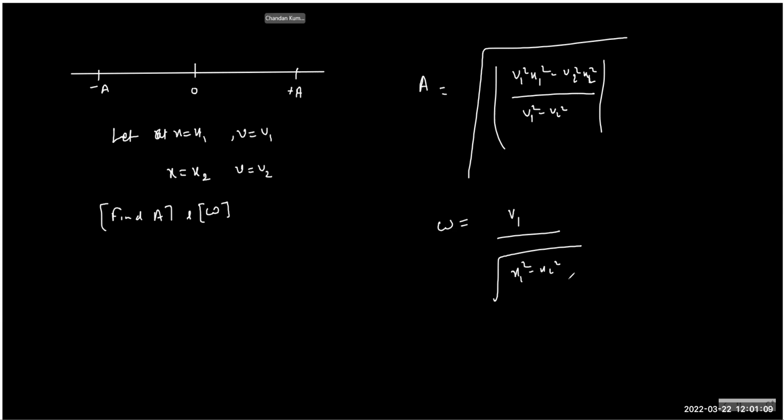No, I don't think so. So v equals omega under root of A square minus x square. So v1 equals omega under root of A square minus x1 square.